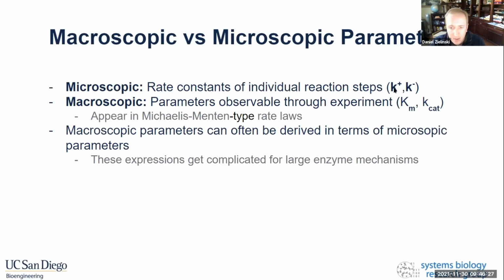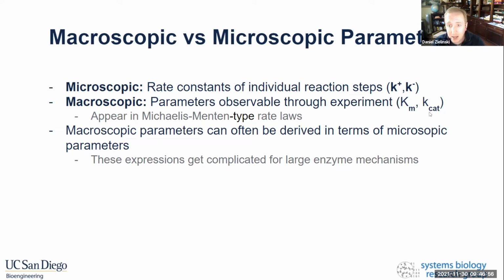Well, as you already saw for the Michaelis-Menten equation, there is a relationship between the micro and the macro. These are related, they're not independent. And so there are expressions that we can actually derive that explicitly relate these. And so the goal then becomes, okay, let's define those expressions and then find rate constants that satisfy the observed data, the observed KMs and kcats.